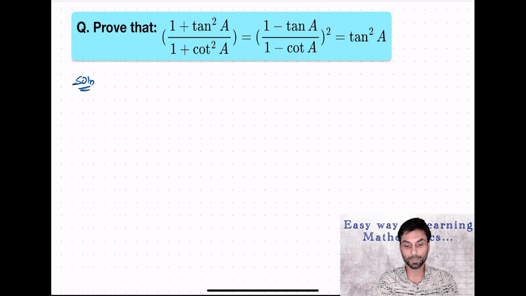So let's take (1 plus tan square A) upon (1 plus cot square A).